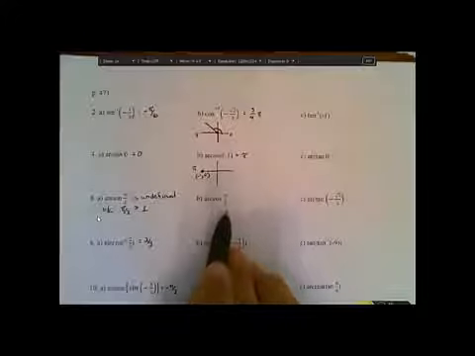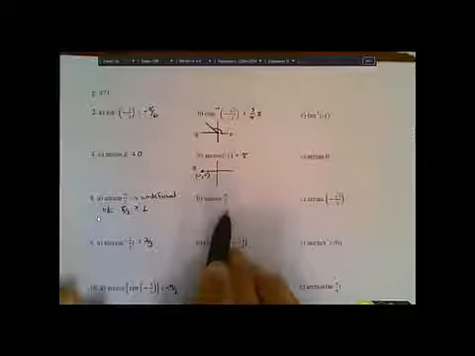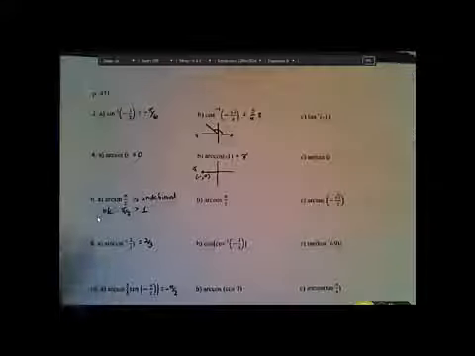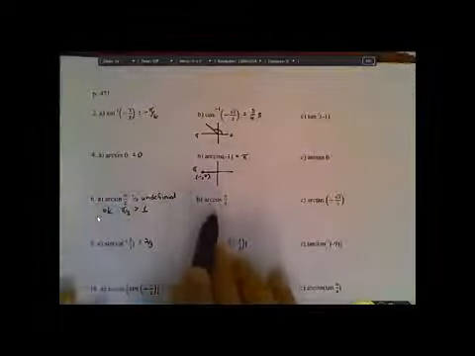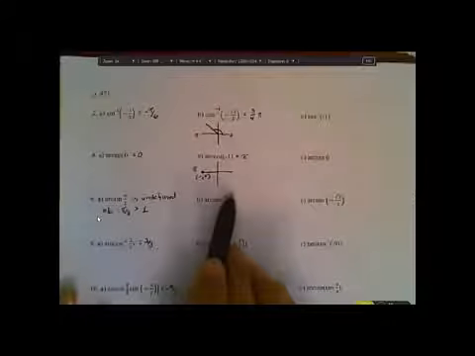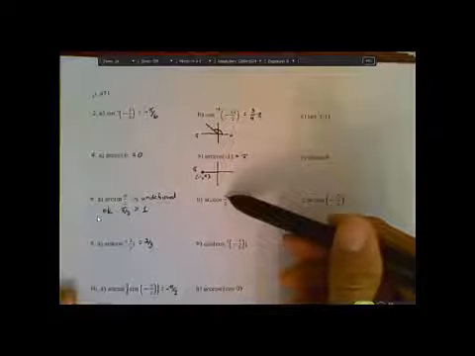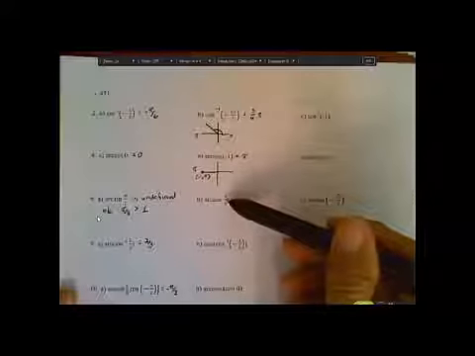Is pi over 3 the x value of any angle that we have memorized on the unit circle? No, none of our x's are pi over 3. As a matter of fact, all of our x's on the unit circle are between -1 and +1. What do you know about pi over 3? 3.14-ish divided by 3.